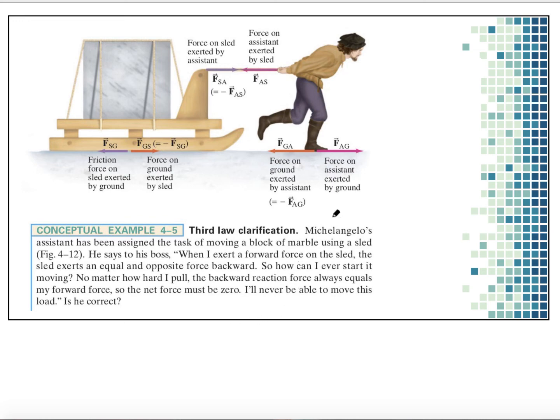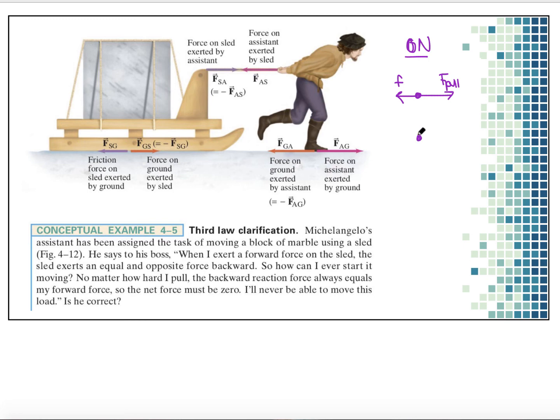The answer has to do with the fact that we only care about the forces on a particular object at a time. So if, for instance, I want to move this block, that means that I need a force pulling on the block to be larger than the force of friction acting on the block. The same thing would be true of every other piece of this puzzle.